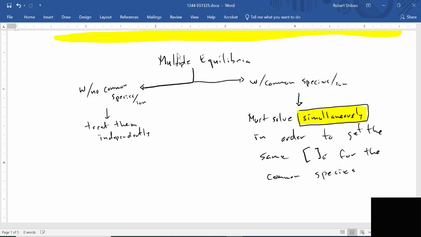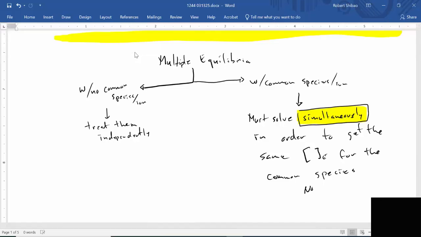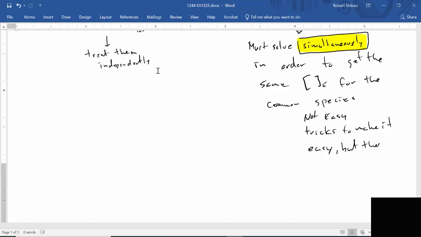Unfortunately, this is not easy. Since it's not easy, we have some tricks to make it easy. But sometimes these tricks fail.